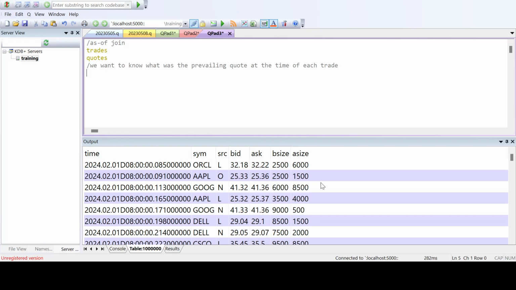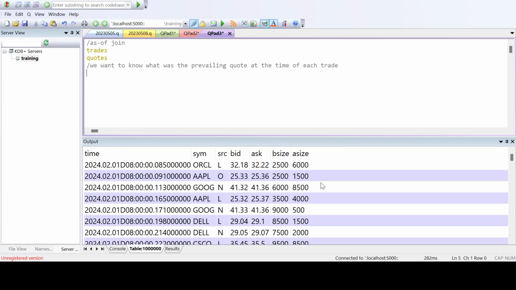For audit purposes, the question generally arises whether both the buyer and the seller got the best price. There is always the question of what was the prevailing quote when the trade happened.